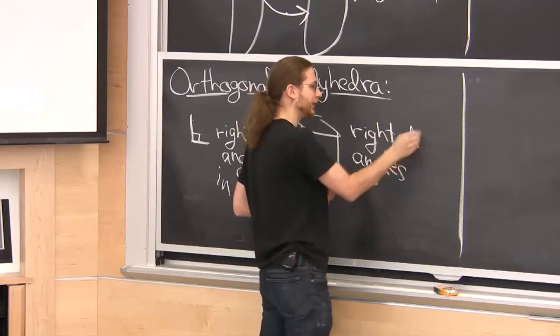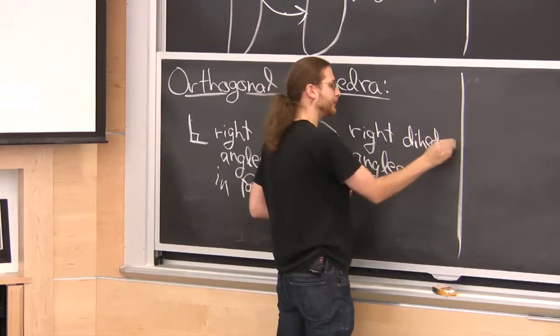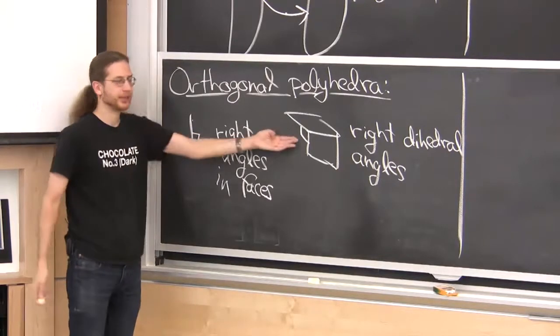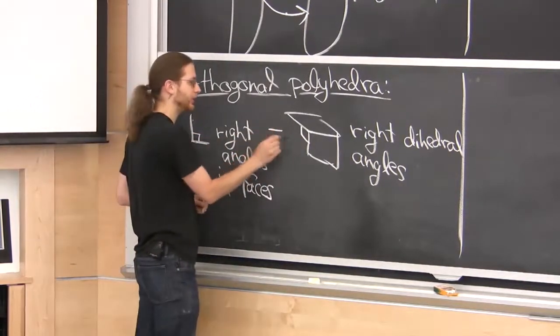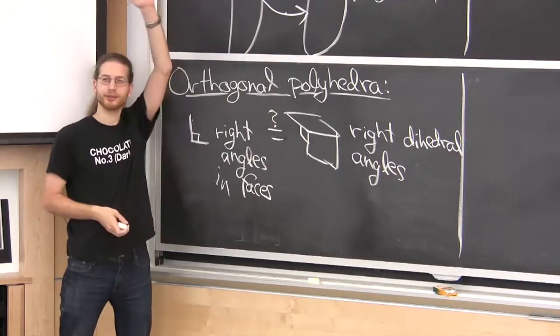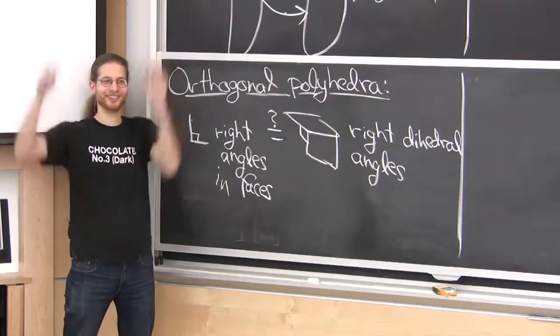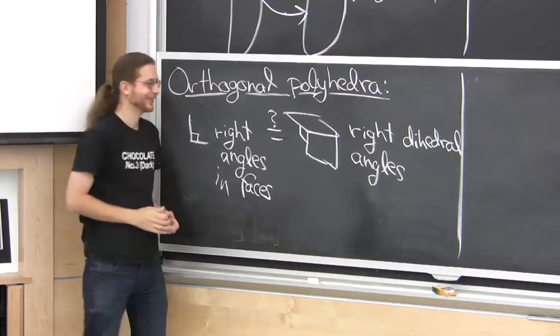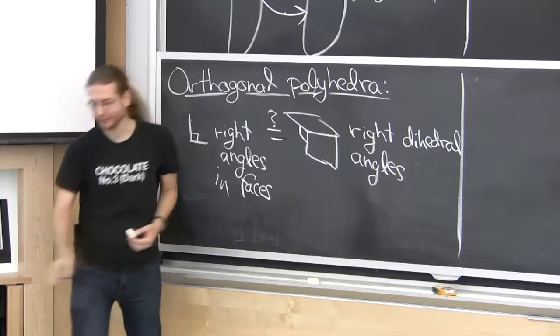So I guess right dihedral angles. Right face angles or right dihedral angles? Question is, are these the same thing? Who thinks yes? Who thinks no? Yeah, I kind of set it up. Huh? Everyone thinks no. They're not the same.